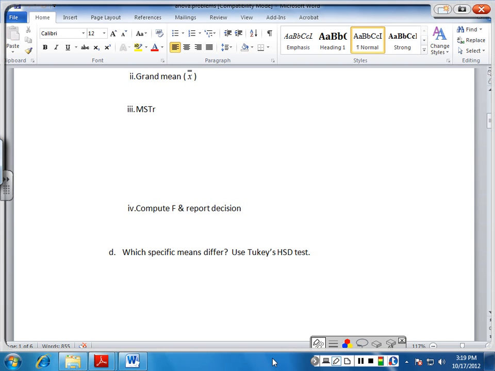Okay, so the next thing you need to compute is the grand mean. And that's really just an intermediary value that we need to compute MSTR. Remember, down here it says compute F. We already have a start on that. F test is MSTR divided by MSE, and we just computed the MSE to be 19.31.